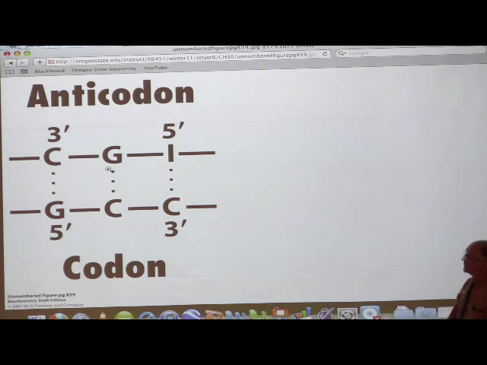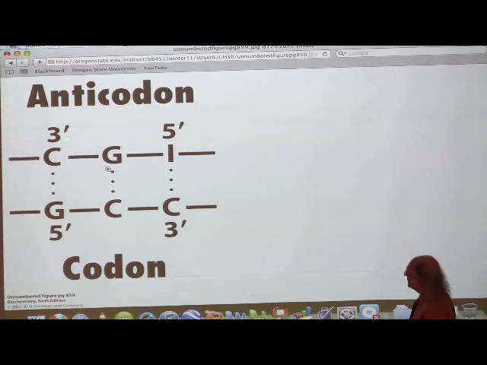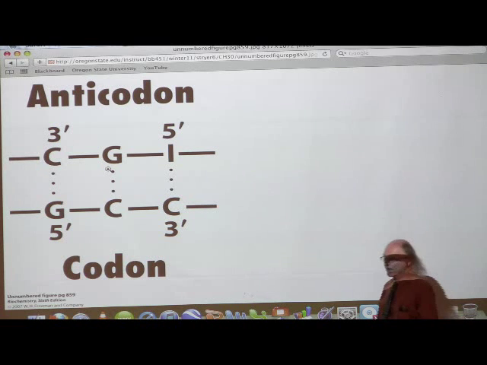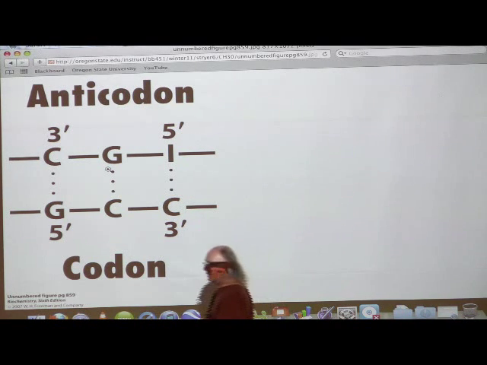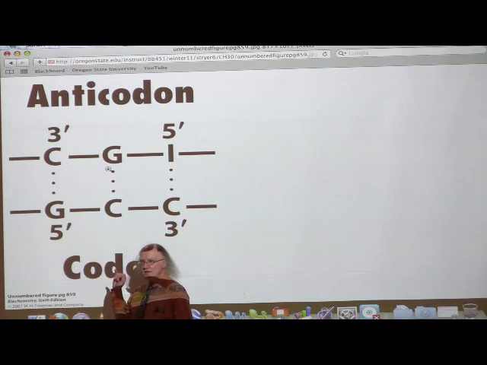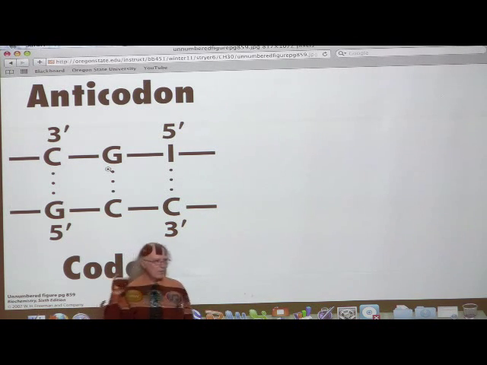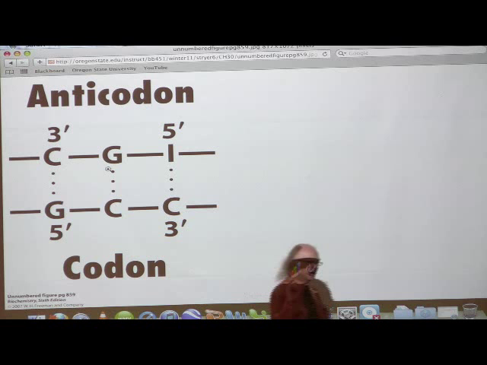This shows the pairing that occurs between the anticodon on the top and the codon on the bottom. Well, duh, Kevin, I know that. All right? Well, this is one of the most commonly confused things people make on my exams. I say, what's the sequence of a codon? Where's the wobble base? The wobble base is at the 3' end of the codon.